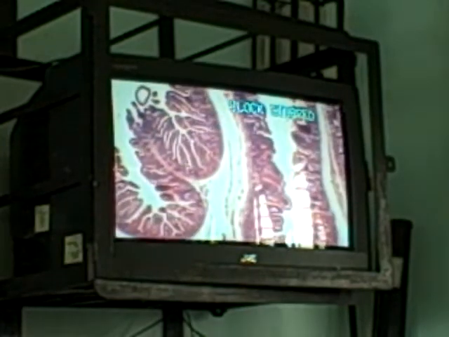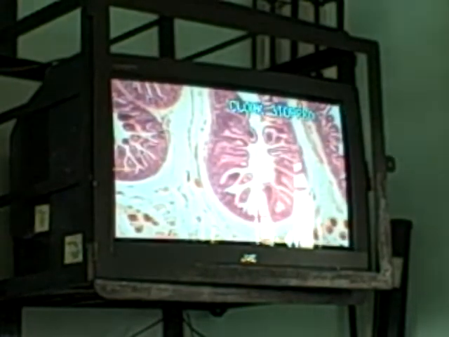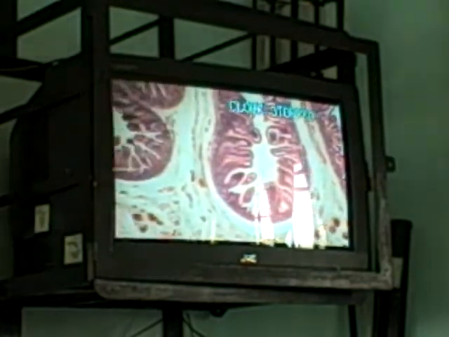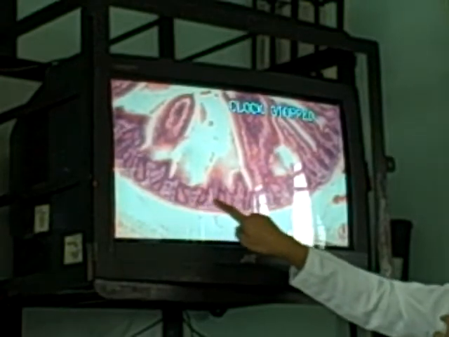Okay? You have intestinal glands. Since this is a small intestine, the second portion of your small intestine, you can see the intestinal glands are the crypts of Lieberkuhn.